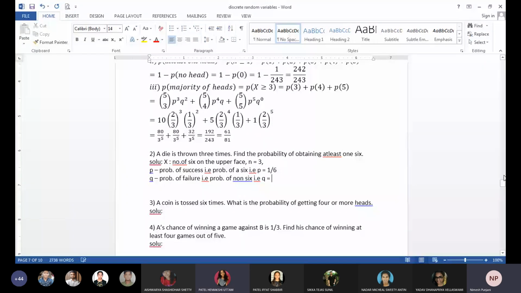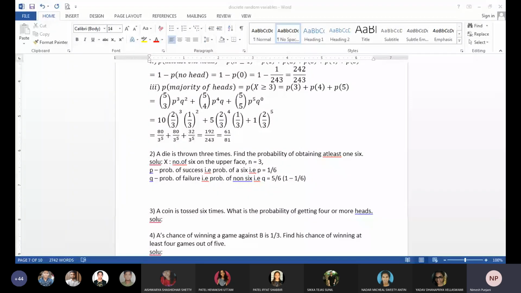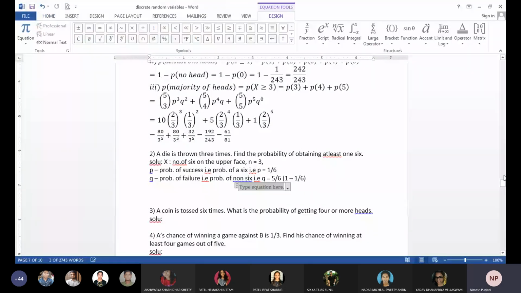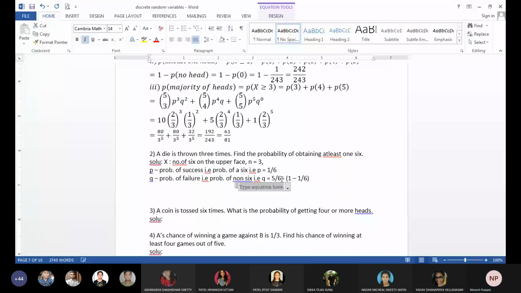This we can also write as 1 minus 1/6. अगर एक सक्सेस का प्रोबेबिलिटी मिल गया तो फेलियर का प्रोबेबिलिटी इजीली मिल जाता है, because we have that relation P plus Q is equal to 1. इधर मैं बीच में इक्वल टू डालता हूँ, नहीं तो you will think वो मल्टीप्लाई है. फाइन. तो P और Q का वैल्यू ओके नाउ.